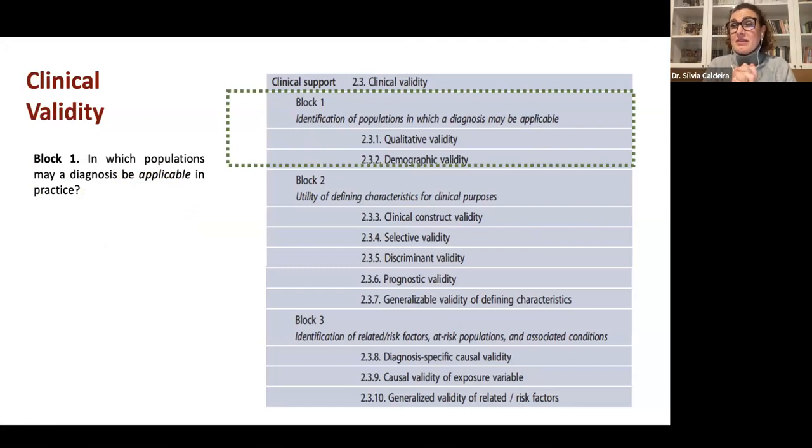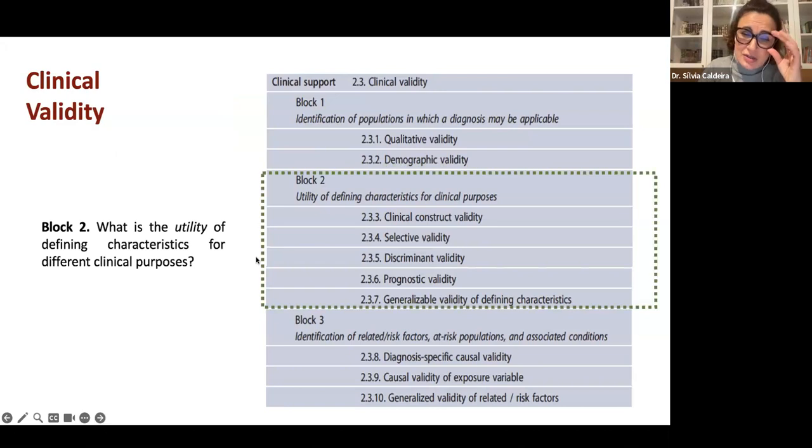Sometimes you have a diagnosis that you didn't create, it's there in the taxonomy, and you need to check if it's only for children, adolescents, or you can think for elderly, for example. So you need to check that, and you need to check if there are other populations that we can think for that nursing diagnosis, and we need to do that in the clinical context.